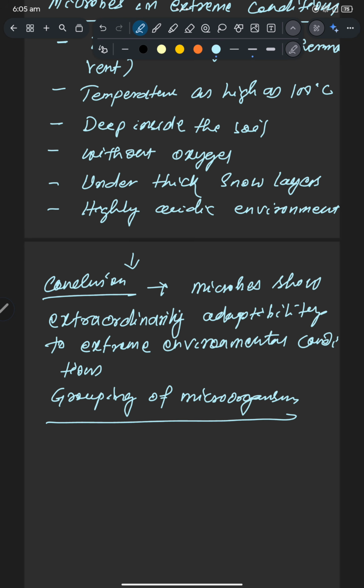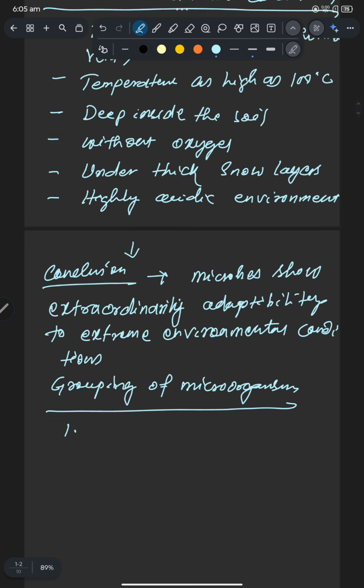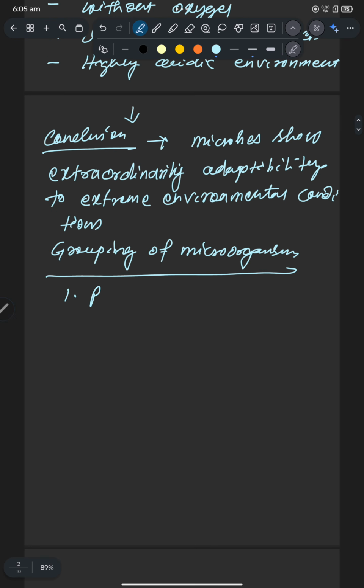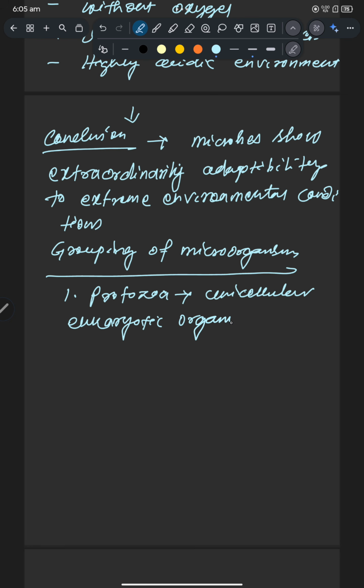They are grouped as protozoa, which are unicellular, eukaryotic organisms.